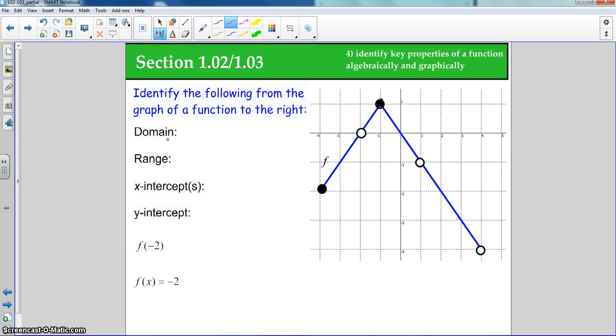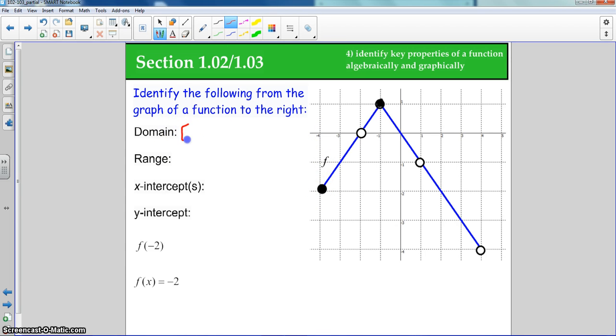So the domain here, I'm looking at the x values, and x values run left to right on a graph. It looks like this function starts when x is -4.